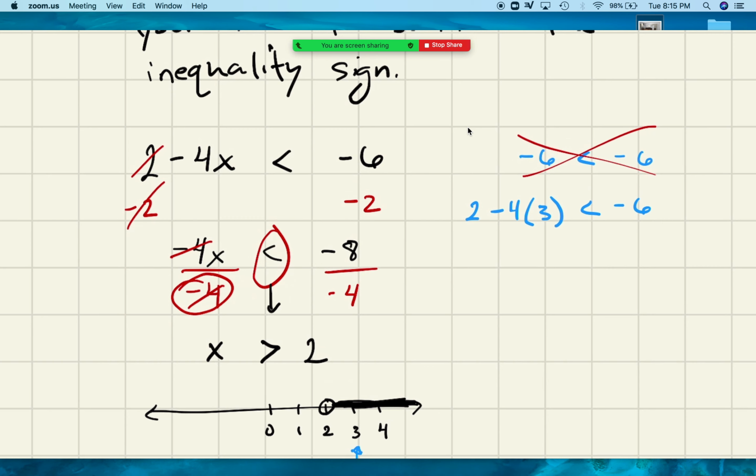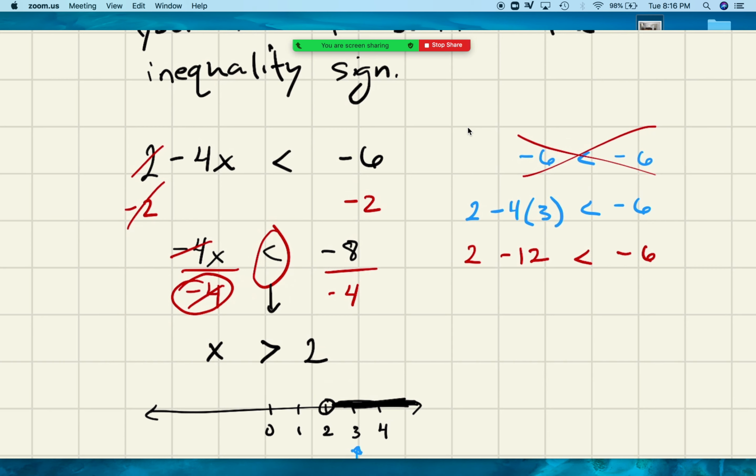So here I'm going to do this part first. It's 2 minus 4 times 3, but since I'm doing the multiplication first, I'm going to consider this a negative. So negative 4 times 3 is negative 12. The 2 I copy down, less than negative 6.